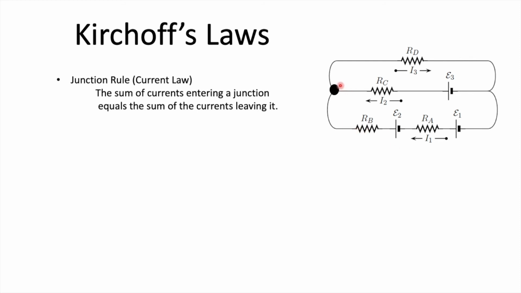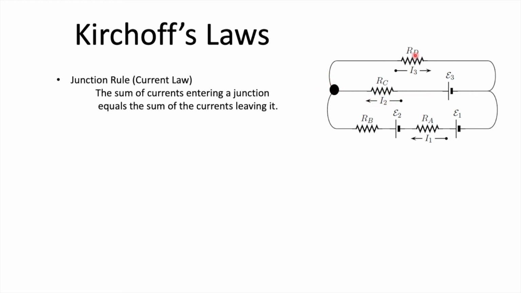What that means is, in this example, you can take any junction here, this one or that one, where all three currents meet. In this junction, the incoming currents are I1, which flows from this section all the way up to that junction, and I2, which is also incoming towards that junction.